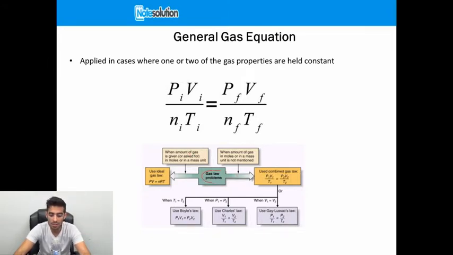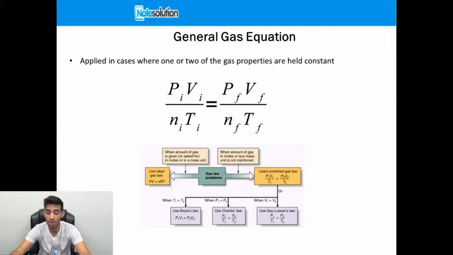So let's say we have a gas law problem. When the amount of gas is given or asked for in moles or in mass units, we use the ideal gas law, so PV equals nRT.